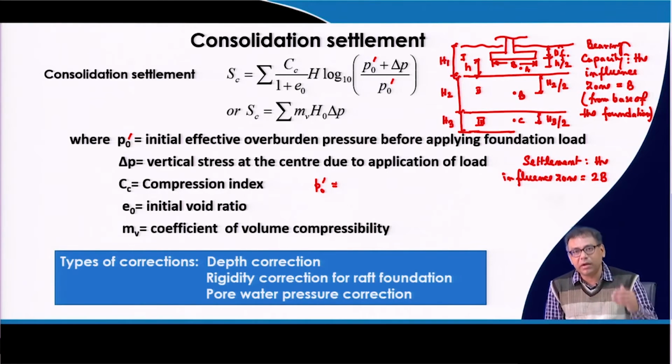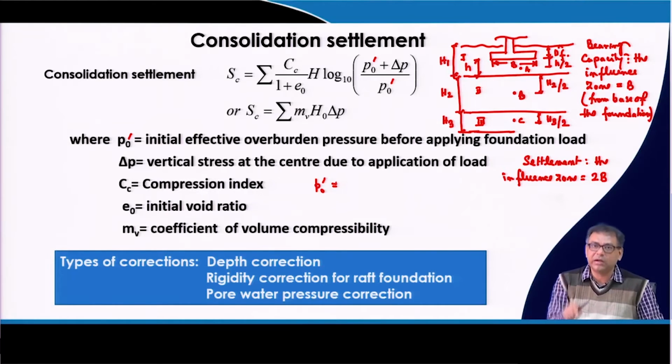You should know where to use gamma bulk: if the zone is above the water table, then you have to consider gamma bulk. If the zone is below the water table, then you have to consider gamma sub. Here I am considering all the gammas to be the same, but actually it will not be the same in the field. Even different layers will have different gammas, and even within a layer the water table may be present. So, we have to take care of all those things.